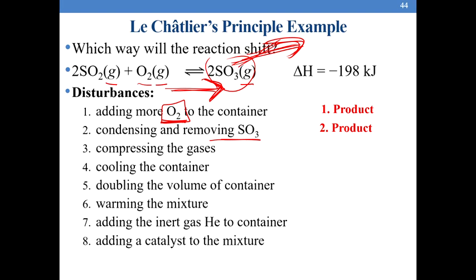Now, if you're compressing the gases, this is where you were thinking like a box that big, and now I have a box this big. This is where you need to go back to entropy and moles of the system. I have 2 substances on the reactant side.